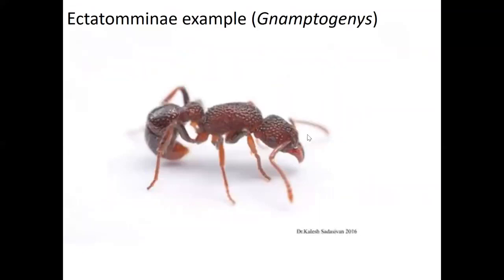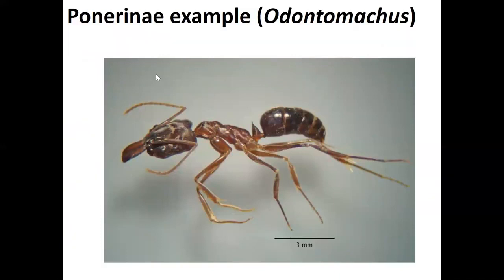So this is a member of, well, this is the only genus Lamprogenys included in subfamily Ectatomminae, and here one ponerine ant, which is Odontomachus, very common in our surroundings. Usually subterranean, and also there are several species of Cardiocondyla, this is called Cardiocondyla. Some say Tetramorium, right?